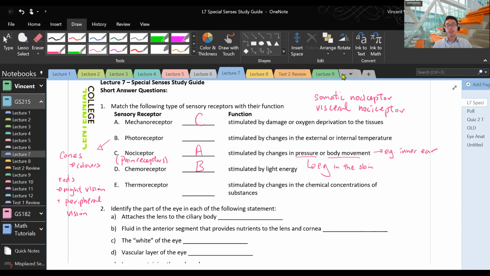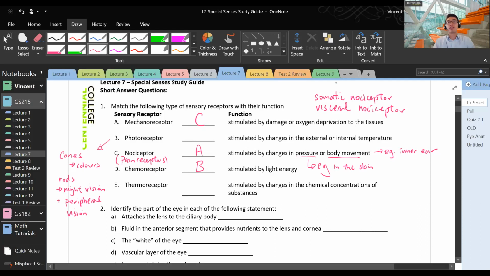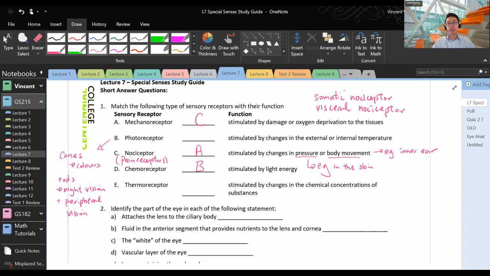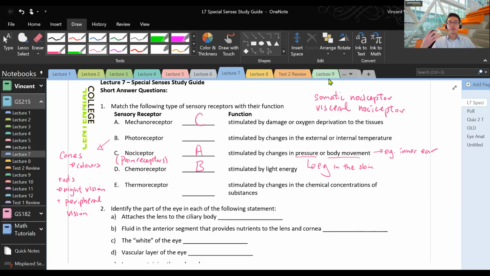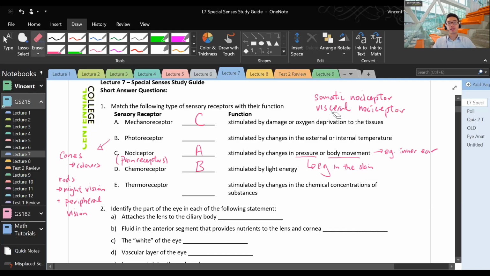So if you fall or if you cut your finger, all those surface types of damage are going to be detected by the somatic nociceptors. And the visceral nociceptors are responsible for detecting internal damage. So if you have a gallstone, for example, and your gallbladder is hurting, that's related to visceral nociceptors. If there is a heart attack and chest pain, the angina, that chest pain is detected by visceral nociceptors.